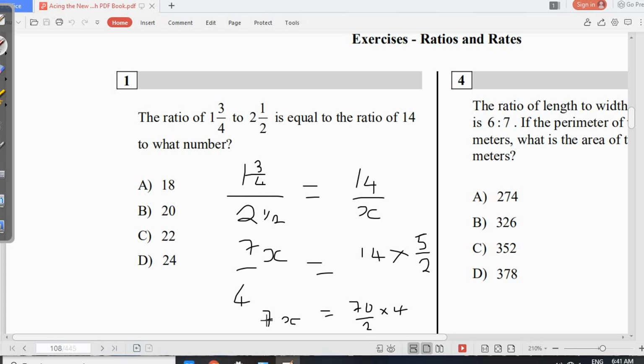So if you remove this 7 to the other side at once, that will be divided by 7. So we have this now. We have 7, 70, you have 10 here, you have 2 with 4, and you have 2 here. So this is it, 20. That's our answer here. Let's move on to the next one.